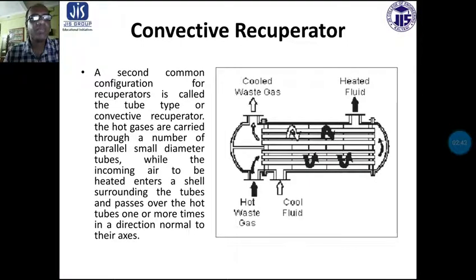Shell and tube type recuperators are generally more compact and have a higher effectiveness than radiation recuperators because of the large heat transfer area made possible through the use of multiple tubes and multiple passes of gas.